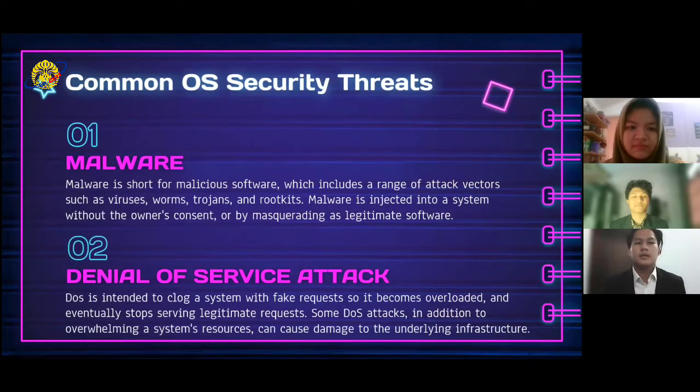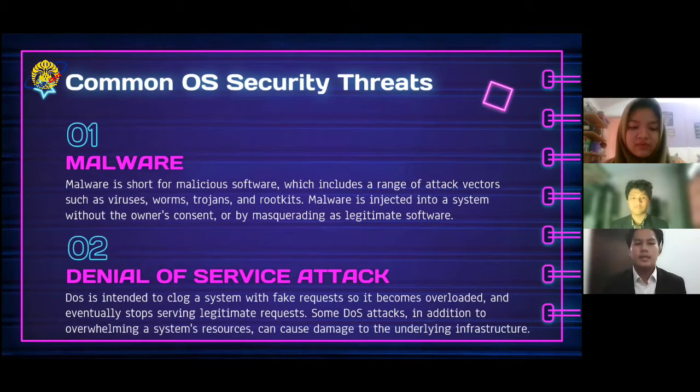Next is common OS security threats. First is malware. Malware is short for malicious software, which includes a range of attack vectors such as viruses, worms, trojans, and rootkits. Malware is injected into a system without owner consent by masquerading as legitimate software.